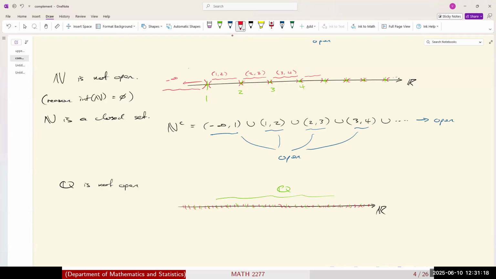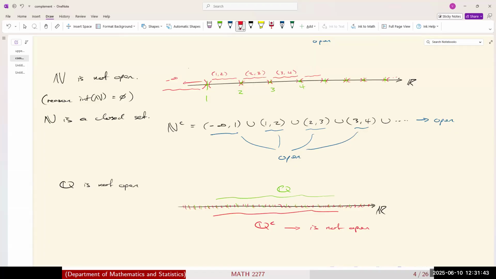So the red are the irrational numbers. So the irrational numbers we showed is a set that is not open. So the irrational numbers is not open.